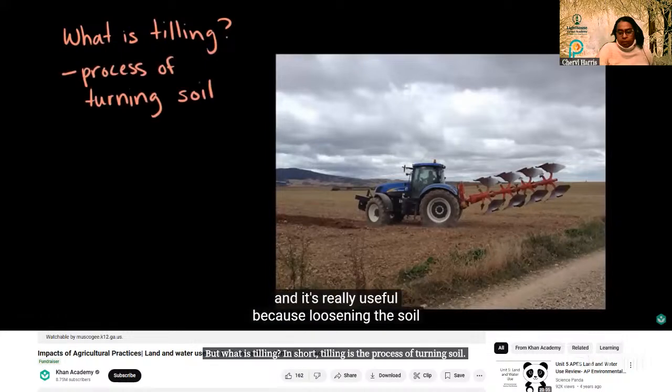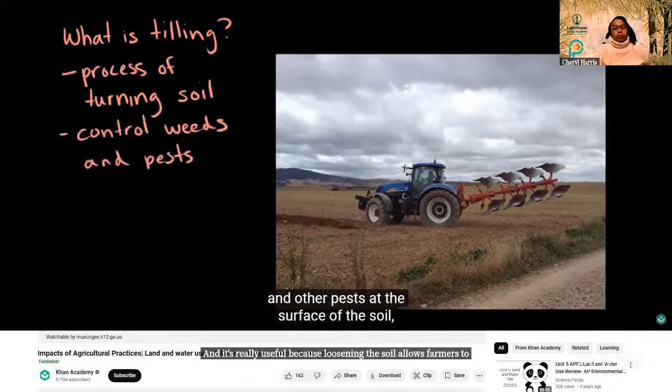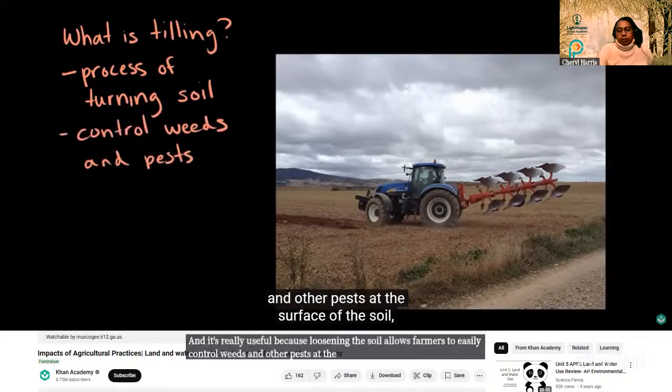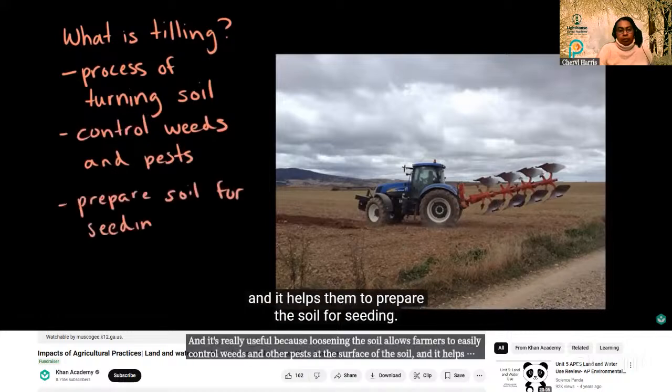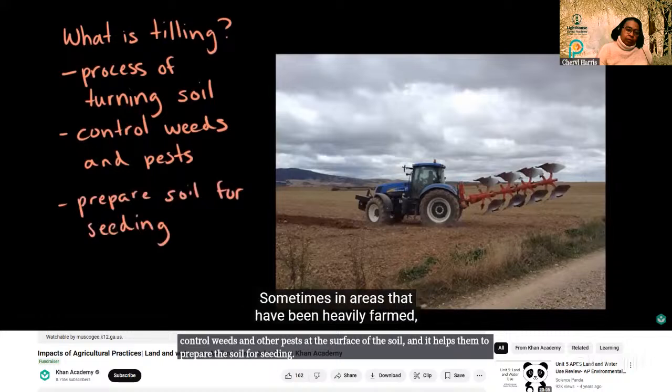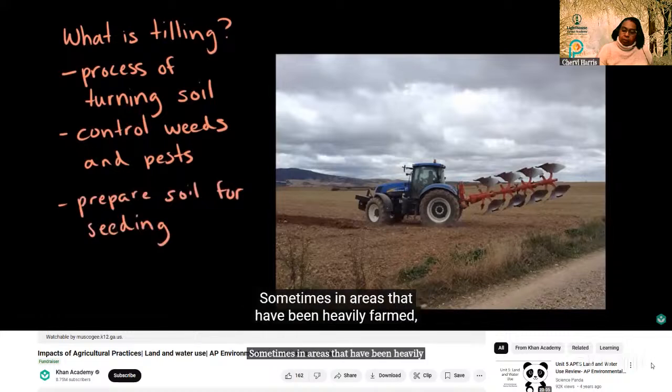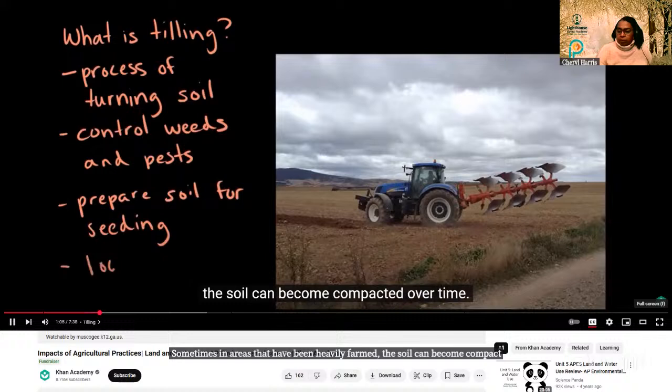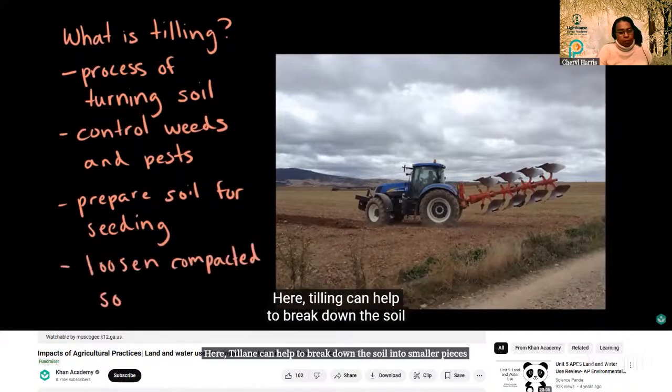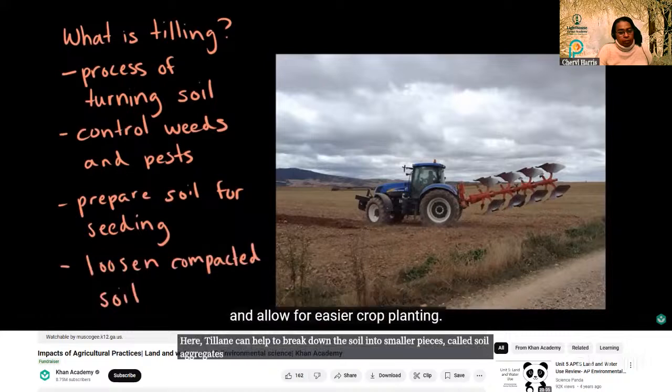And it's really useful because loosening the soil allows farmers to easily control weeds and other pests at the surface of the soil, and it helps them to prepare the soil for seeding. Sometimes, in areas that have been heavily farmed, the soil can become compacted over time. Here, tilling can help to break down the soil into smaller pieces, called soil aggregates, and allow for easier crop planting.